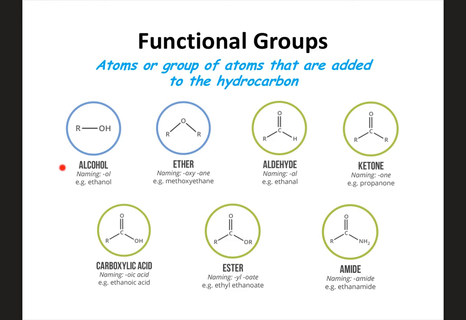So definitely be able to recognize these 7 groups. If you're given a molecule, you could identify the molecule as being one of these 7 types or having one of these 7 functional groups in them, and be a little bit aware of the naming scheme just so that it could possibly help you in problems.